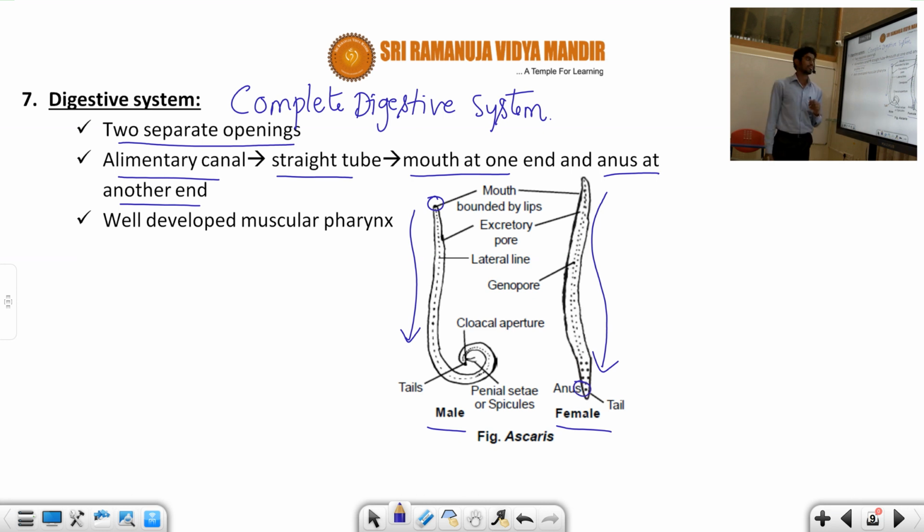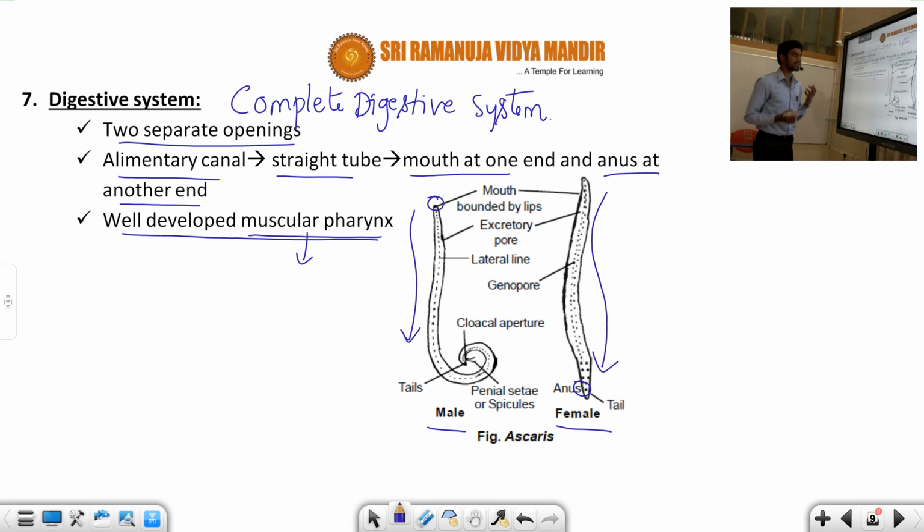One more important point, students, is that there is a well developed muscular pharynx. The muscular pharynx shows continuous rhythmic contraction. The muscular pharynx in Ascaris lumbricoides shows rhythmic movement, which helps in the ingestion of food material.